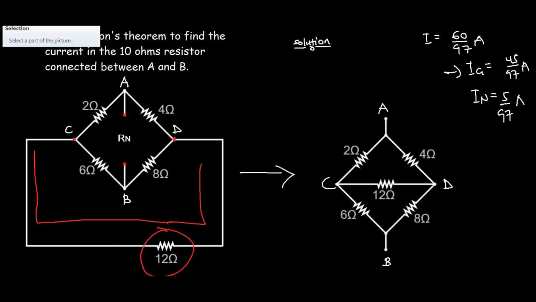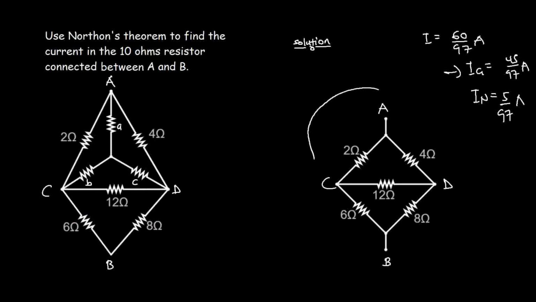So let's go ahead. From this circuit here, you see that you don't have any of the resistors connected in series or in a parallel connection. So I'm going to use the delta star transformation method here to find the equivalent resistance, which is Norton's resistance. Okay, so let's do this.